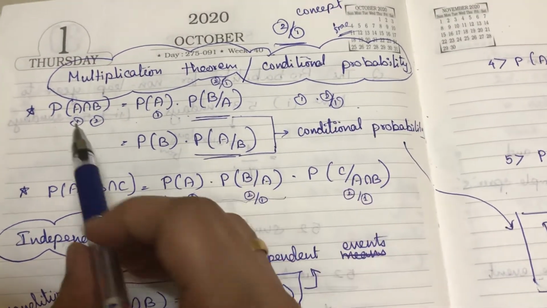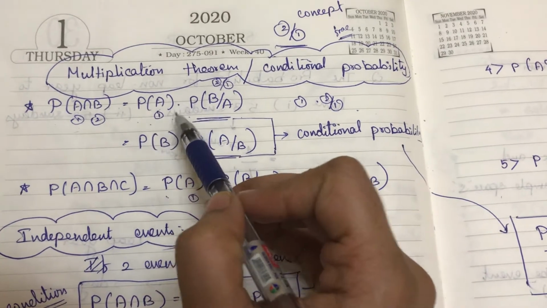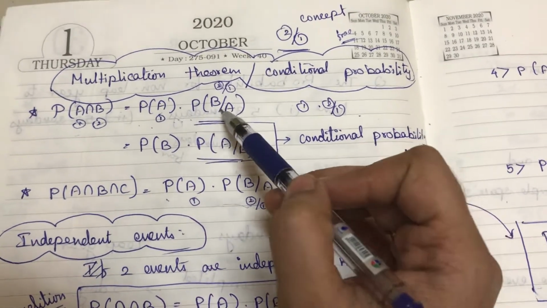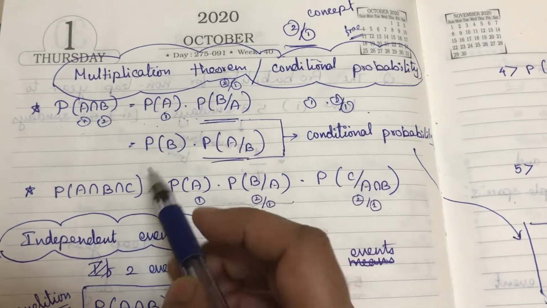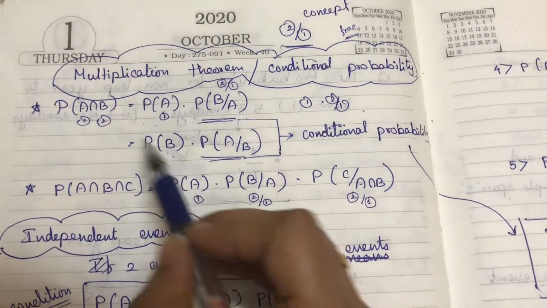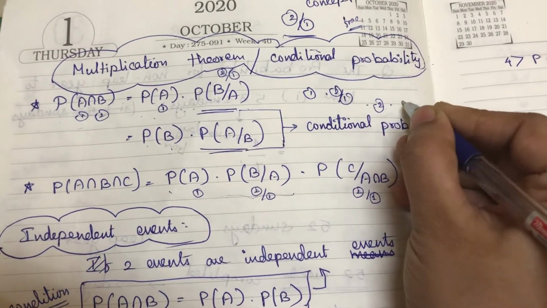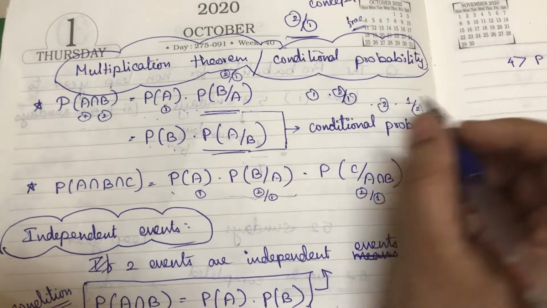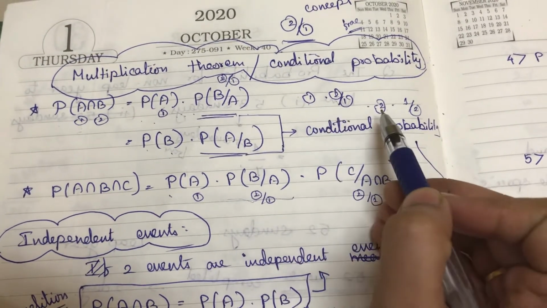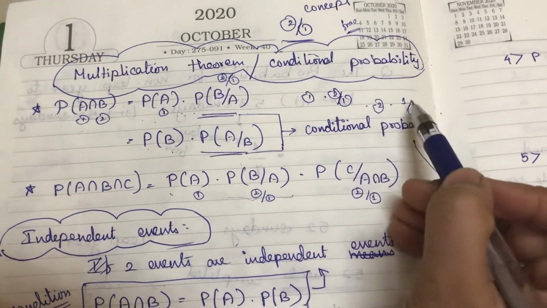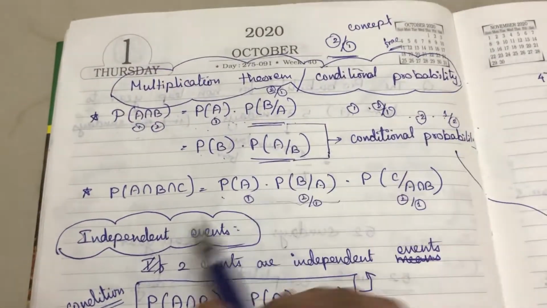This is the thing here: P of A and B will be equal to P of A into P of B by A. We can also write it like this: P of B into P of A by B. I am just taking 2 here, so 2 into 1 by 2. If 1 comes here, in the numerator there will be 2. If 2 comes here, in the numerator there will be 1. So this is the concept here.